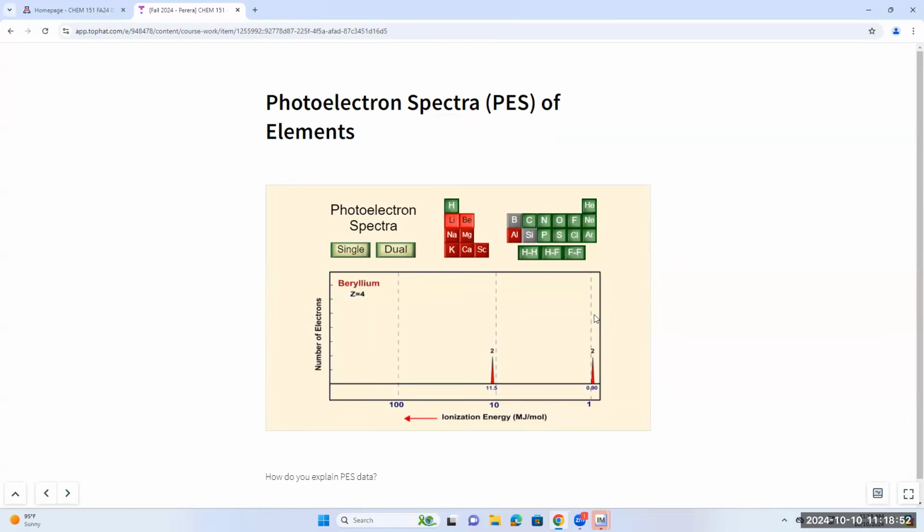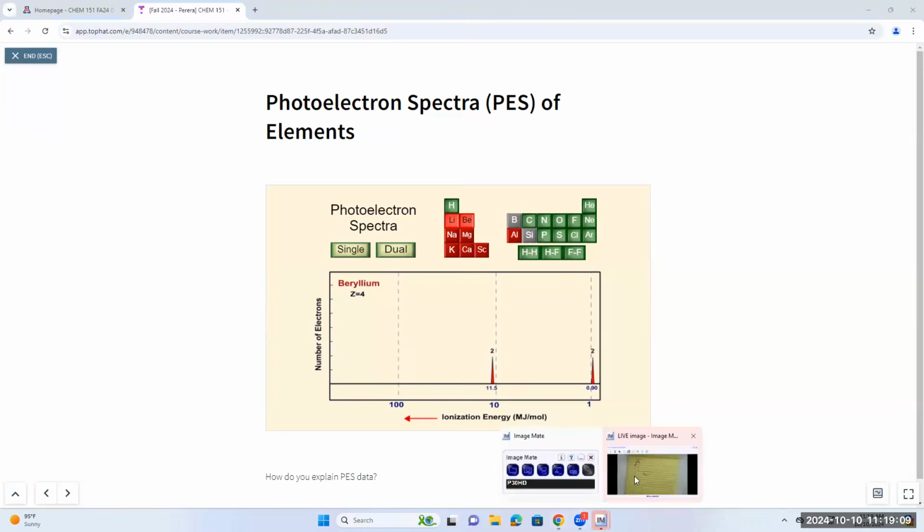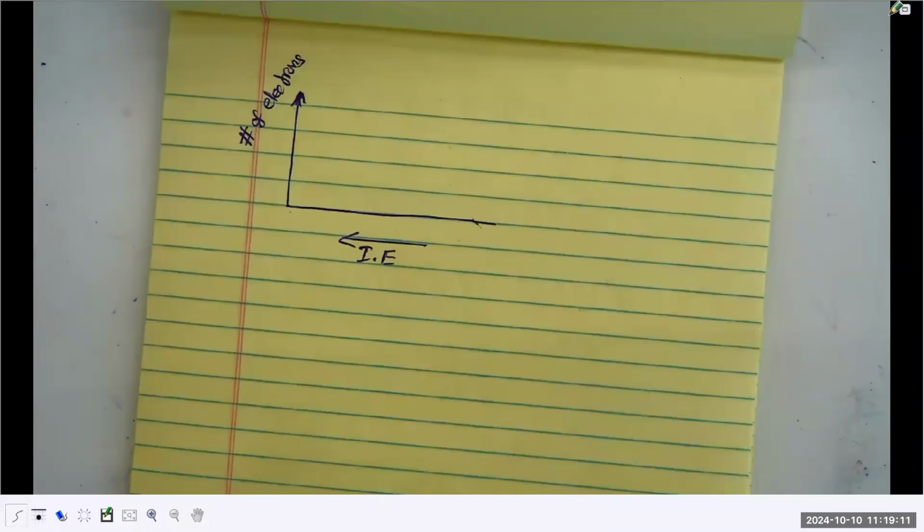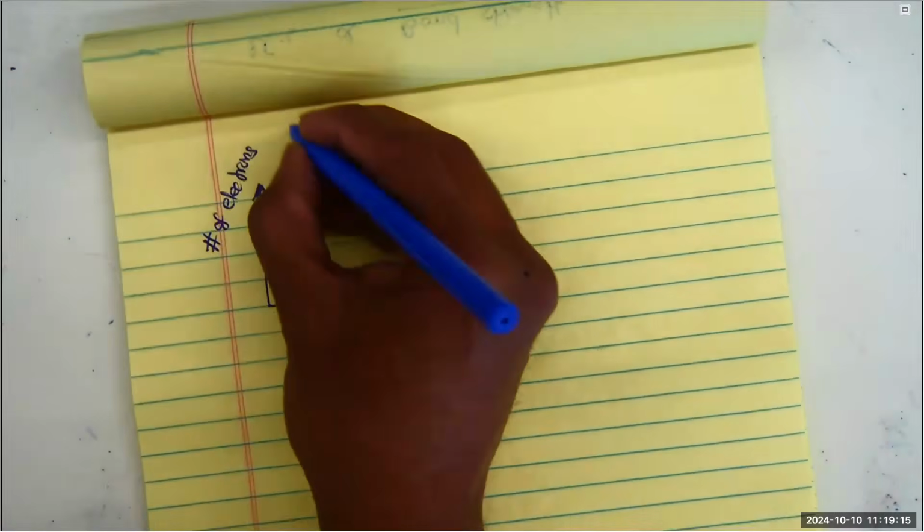Okay. Based on what I know now, if somebody twisted my arm and asked me to draw the photoelectron spectrum of boron, according to the shell model, I would draw something like this.